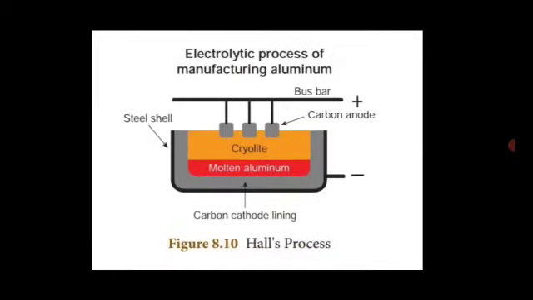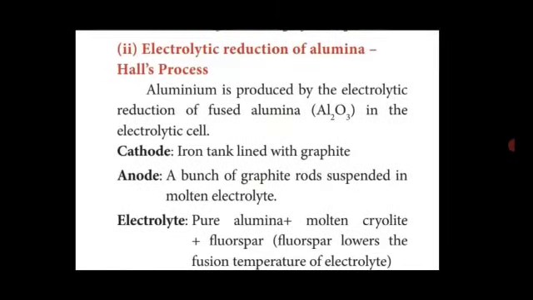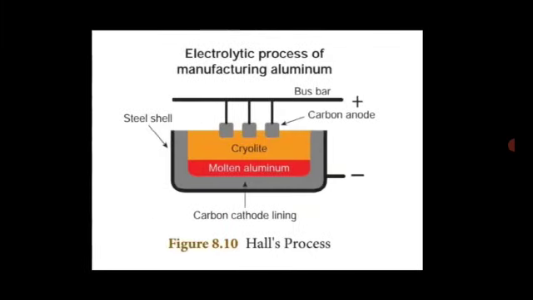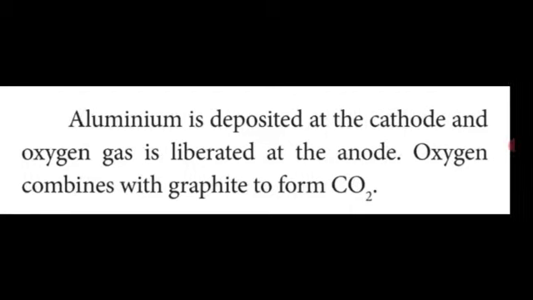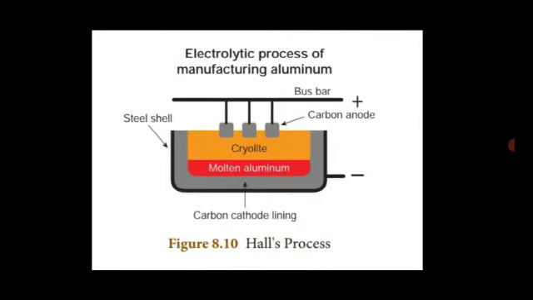Aluminium is deposited at the cathode. Who acts as the cathode? The iron tank lined with graphite acts as the cathode. In this cathode, the aluminum is deposited.